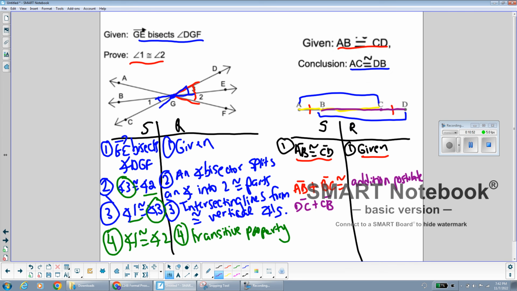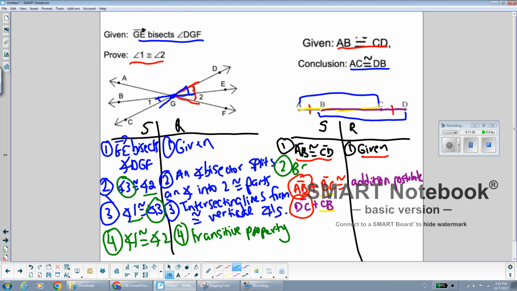So here we are starting with two congruent segments, AB and DC. We know AB is congruent to DC from the given information, but we don't know that BC is congruent to CB. If we take a look at our diagram, BC and CB are the same segment. So we do know that they're congruent. We just have to actually state it in our proof.